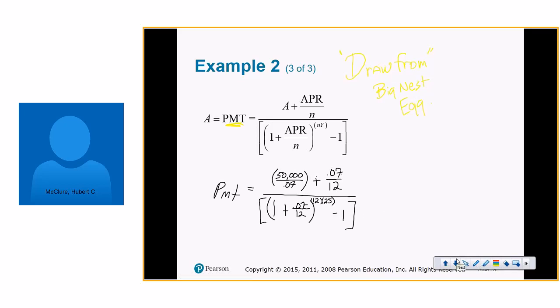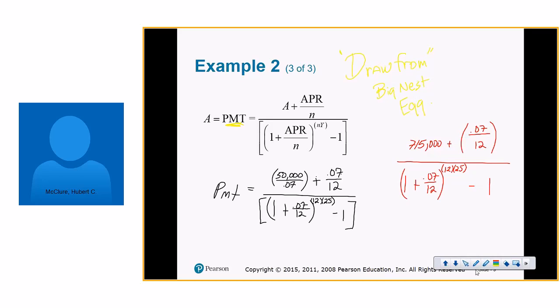All right. So we've got A is equal to 715,000 plus 0.07 divided by 12 over 1 plus 0.07 divided by 12 raised to the nt power, which is going to be 12 times 25, minus 1.